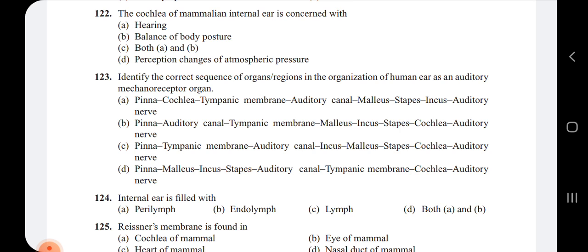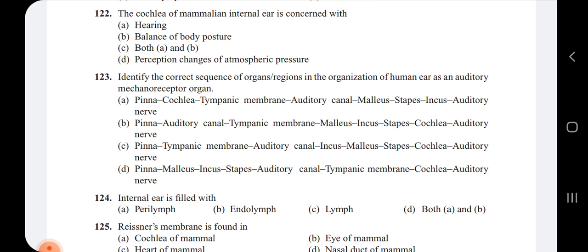Indirectly they are asking the mechanism of hearing. Whenever we hear, the sound waves are first collected by the external ear, the pinna.